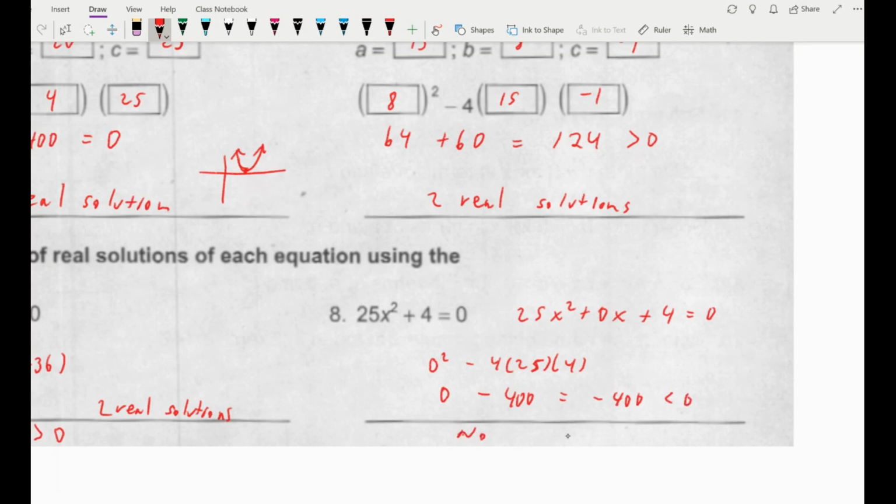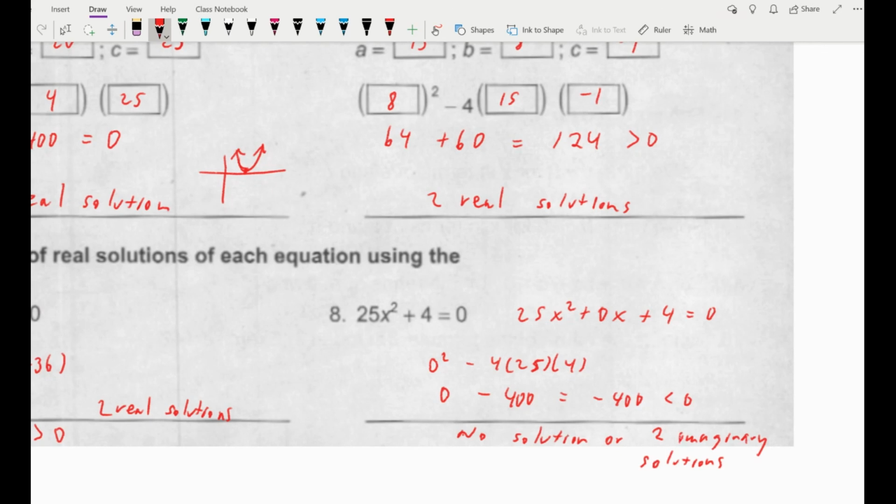So we can either write as no solution or 2 imaginary solutions. In your higher math, we're going to get into a lot of imaginary solutions, and they're going to be important because keep in mind, the graph does not cross the x-axis, but it could still have some interesting points.